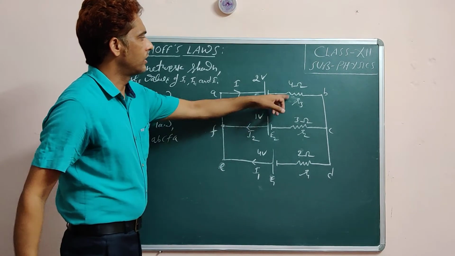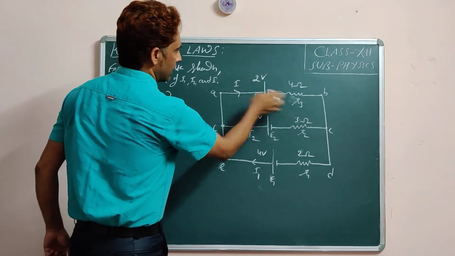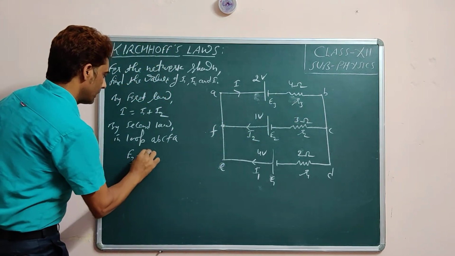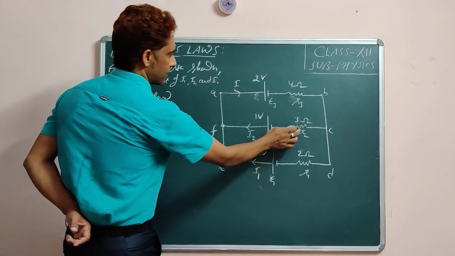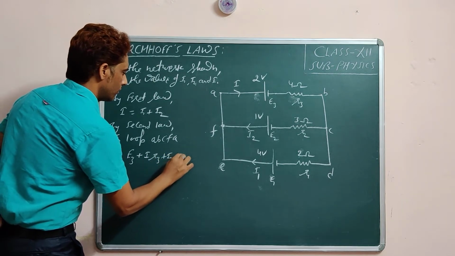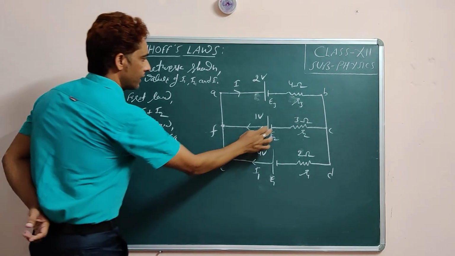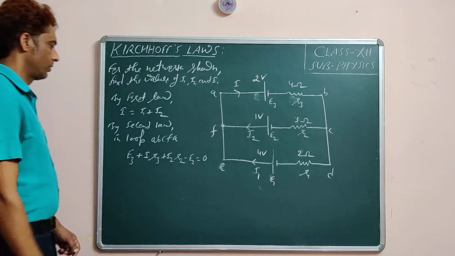When crossing a potential drop, it is taken as positive. The current across it is I, so I write I R3 plus I2 R2 minus E2 is equal to 0.